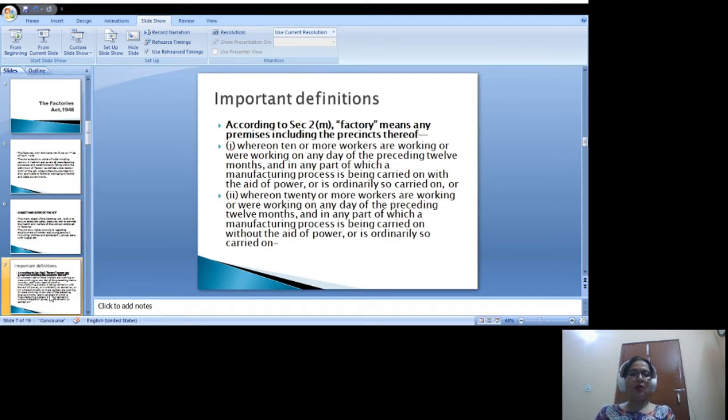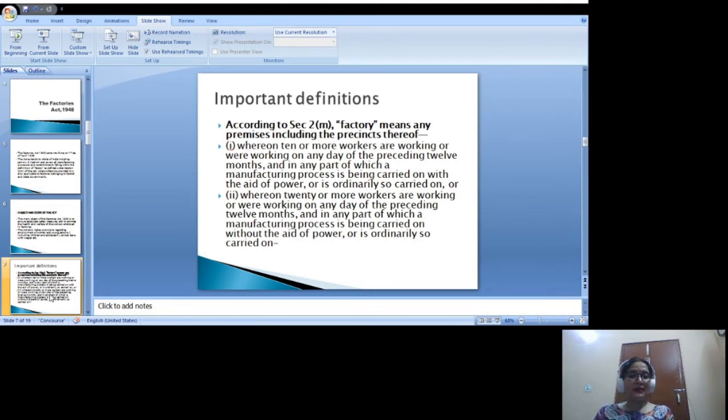Second definition, wherein 20 or more workers are working or were working on any day of the preceding 12 months and in any part of which a manufacturing process is being carried on without the aid of power or is ordinarily so carried on.